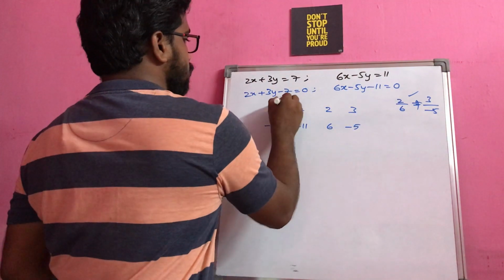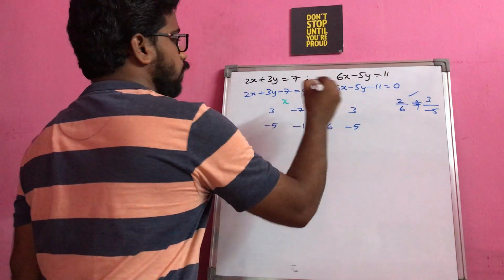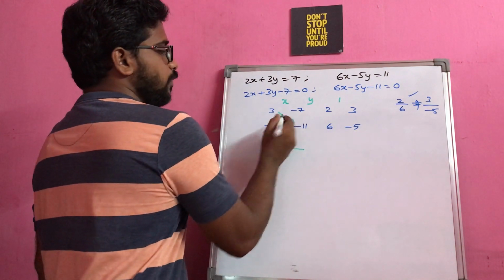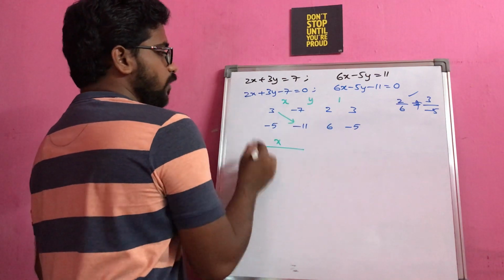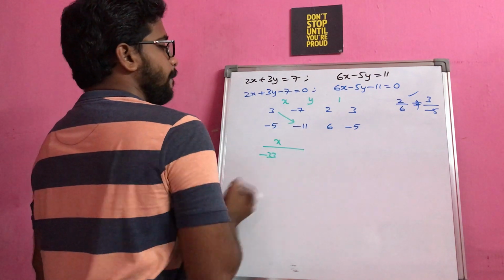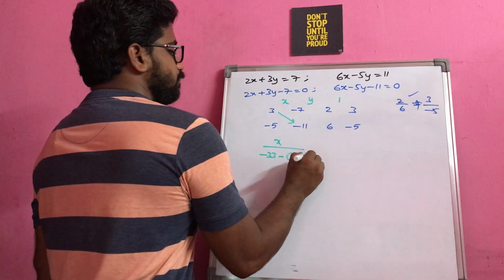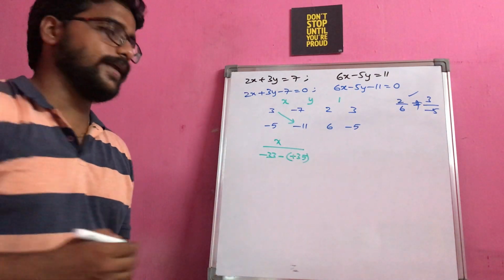This is x, this is y, this is 1. So x divided by, you go first from left to right and then right to left: minus 33, in between minus is there, then plus 35, because minus 5 into minus 7.